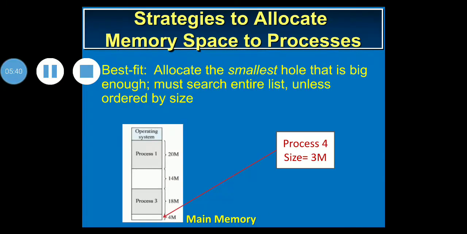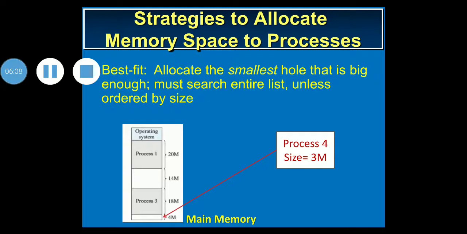Another strategy for applying the memory space allocation is best fit. In best fit, allocate the smallest hole that is big enough and must search the entire list unless it is ordered by size. For example, in the figure, if the process 4 arrives having the size requirement as 3M, then operating system will find out the available holes.